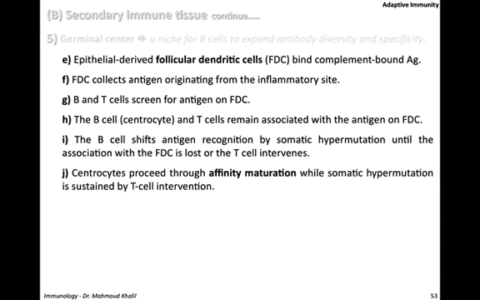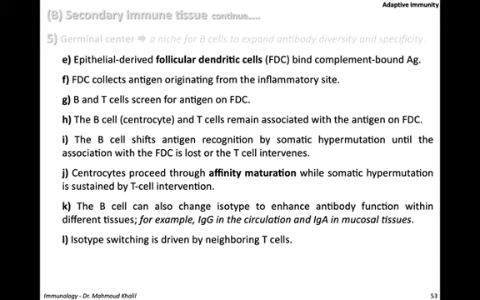Soon after that, the centrocytes, which are the B cells, proceed through affinity maturation, while somatic hypermutation is sustained by T cell interventions. The B cell can also change isotype, what we call class switching, to enhance antibody function within different tissues.